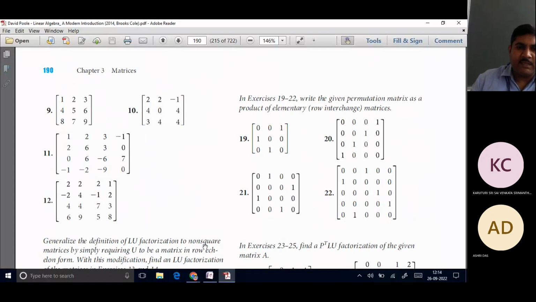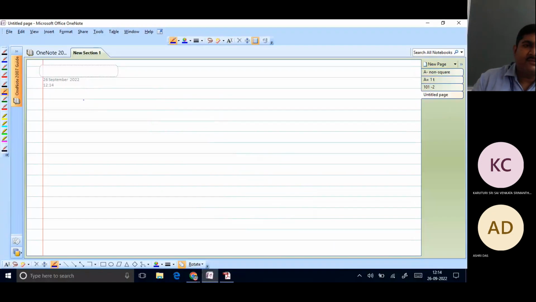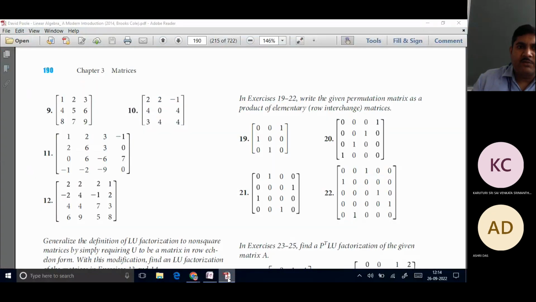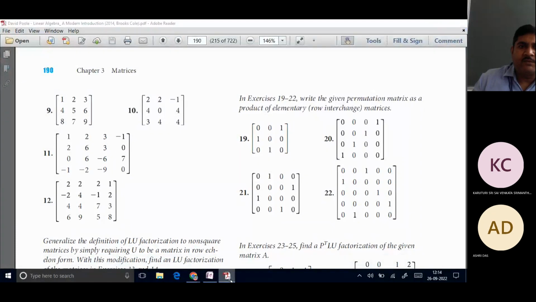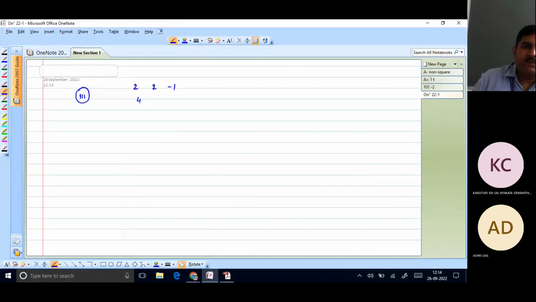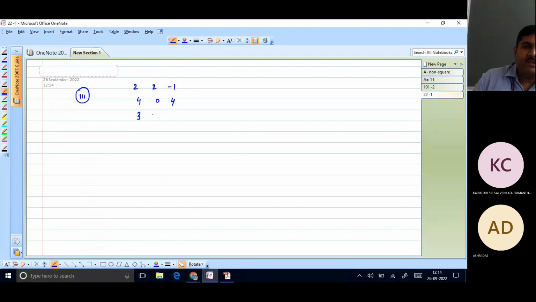For question number 10, I will write the entries first: 2, 2, minus 1, then 4, 0, 4, and finally 3, 4, 4. This is your matrix A, and you have to find the LU factorization.